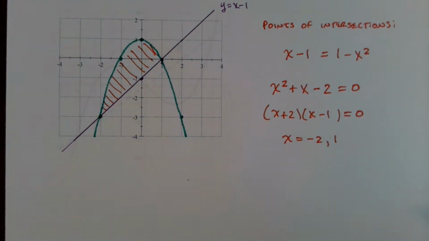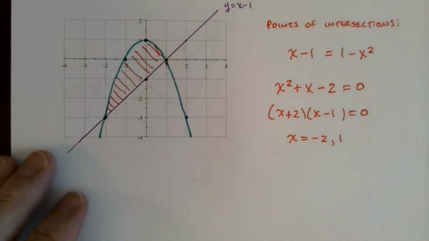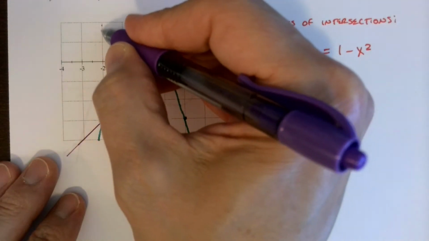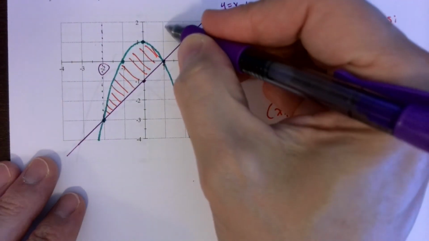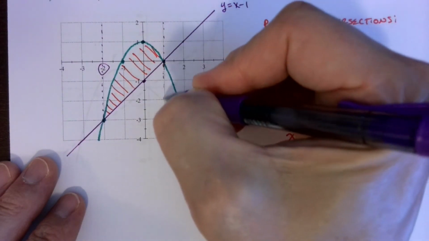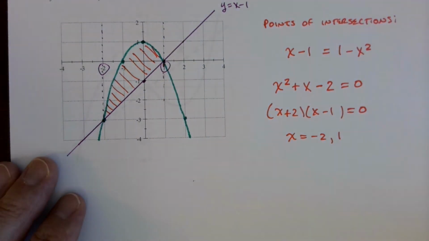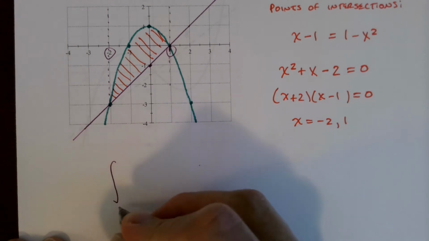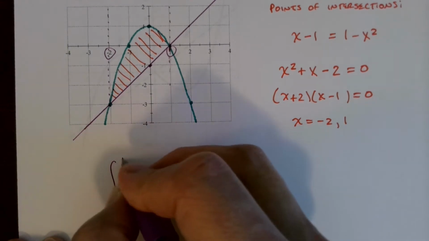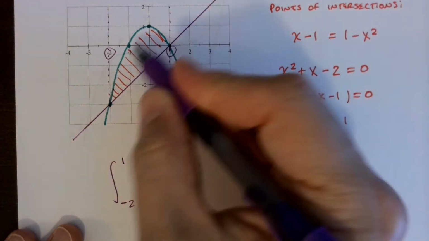So that gives me my limits of integration, right? Because the vertical lines we're integrating between are right here at negative 2 and right here at positive 1. So our integral will be from negative 2 to positive 1. And what's our top function here? The green one.